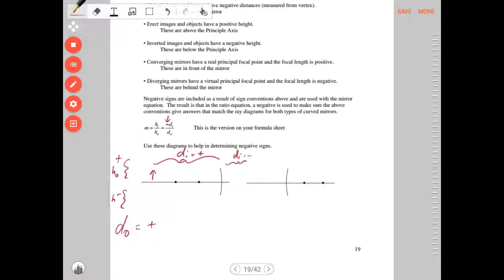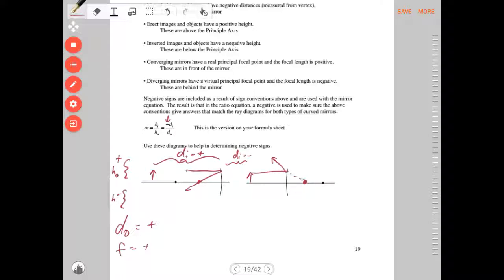Now here, the focal point is on the correct side of the mirror. The light rays actually go here, so F is positive. On the diverging mirror, the focal point is on the other side.